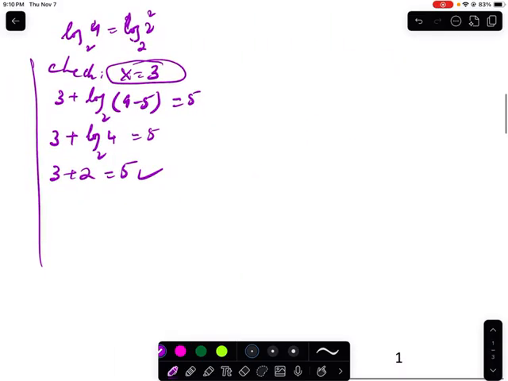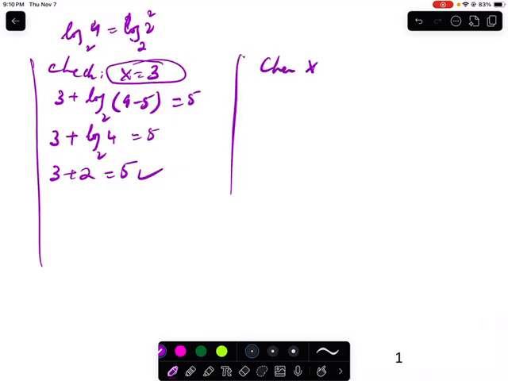The next we check is x is equal to negative 2. So plug in, so we get 3 plus log of 4 minus negative 2, so 4 plus 2 minus 2.